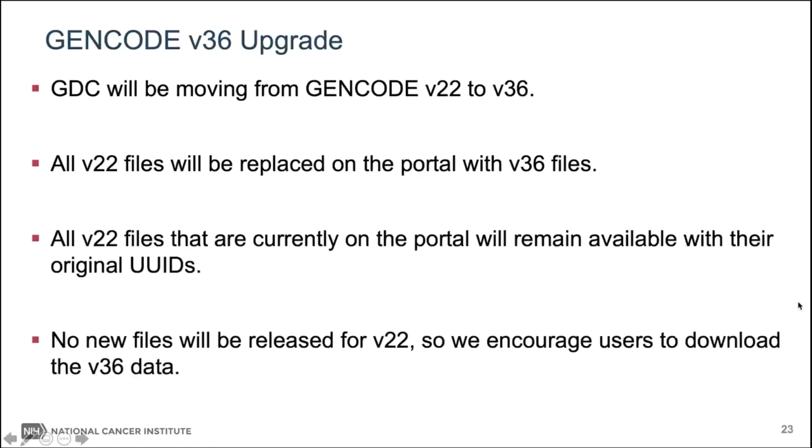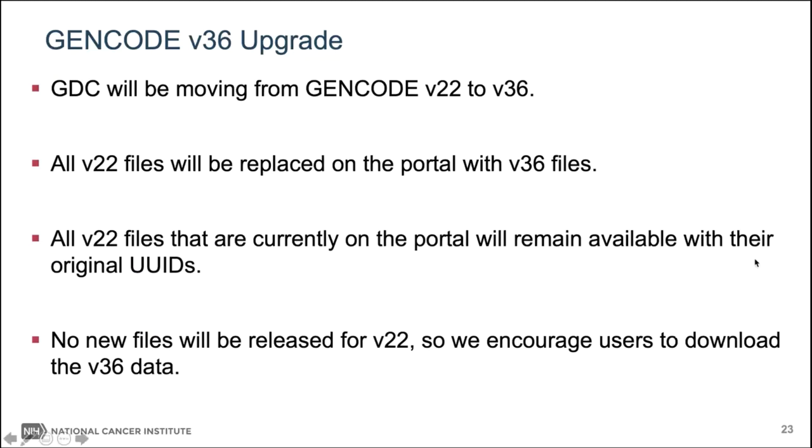And this will technically be data release 32, but I want to inform users about this. As I mentioned before, the GDC uses GenCode version 22 in all of our analyses, and the GDC is now moving from GenCode version 22 to GenCode version 36. What this will mean is that if you look on the portal, all of the V22 files, and when I say V22 files, I mean files that depend on the GenCode.